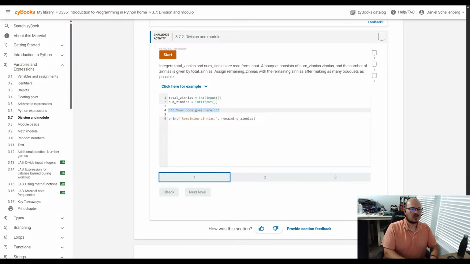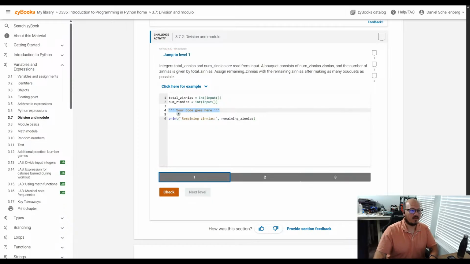So it's saying that we want to do the variable remaining zinnias, with the remaining zinnias after making as many bouquets as possible.